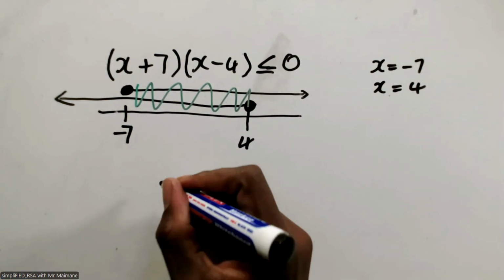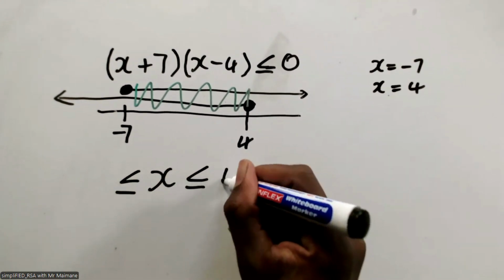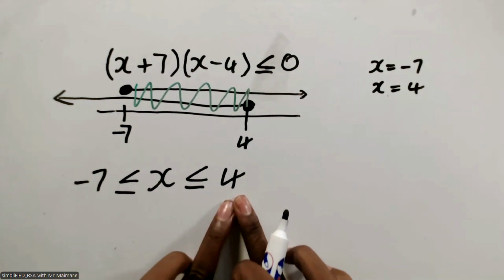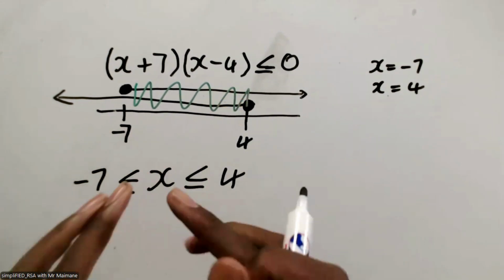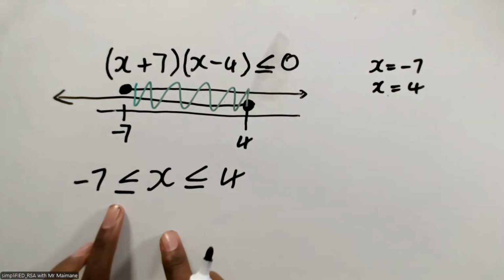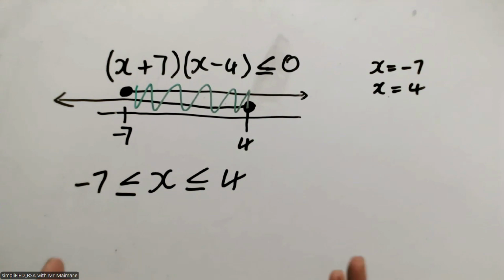And to represent that, I would say x is in between 4 and -7, such that the bigger number is on this side on the opening and then the smaller number, because the smaller number is always being conquered. So this is my solution. Either way, it's always going to be like this.